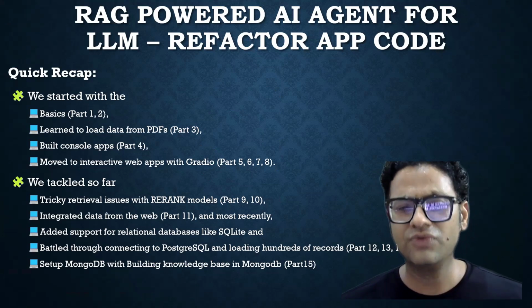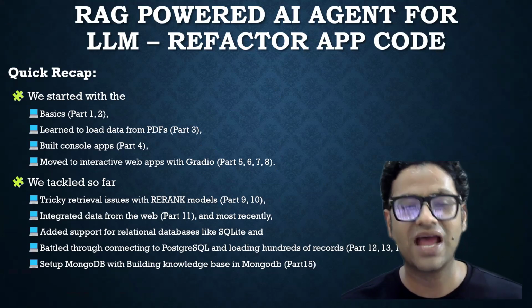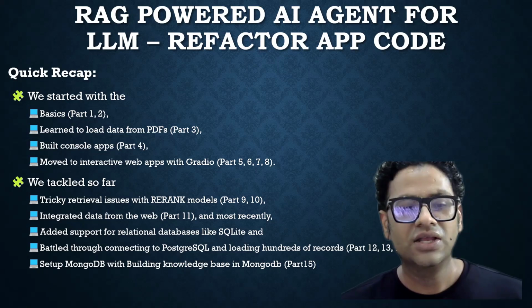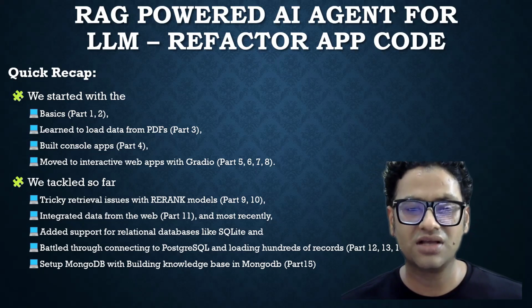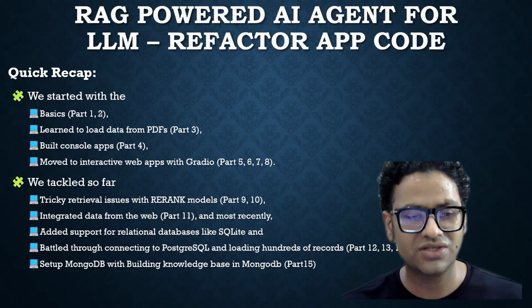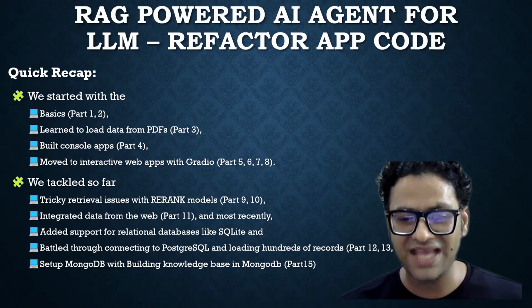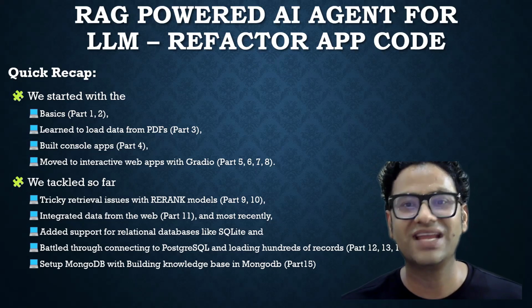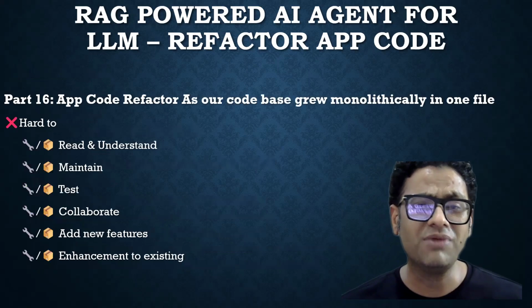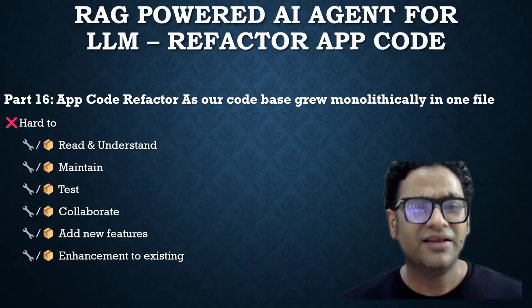Then we added suggesting 5 best questions based on the data content, and then we added a RERANK model as well to increase the accuracy of the context. We added a URL based integration, SQLite and Postgres, and in the last video, we understood how we can set up MongoDB with the powerful knowledge base based on system design concept question and answer.